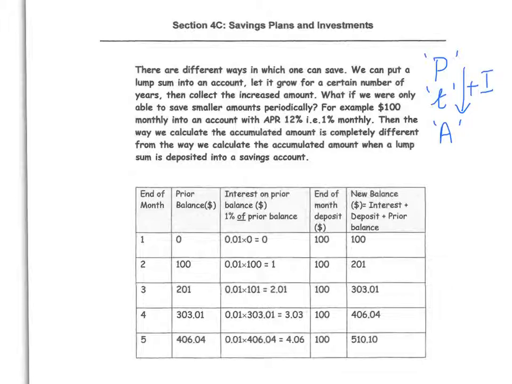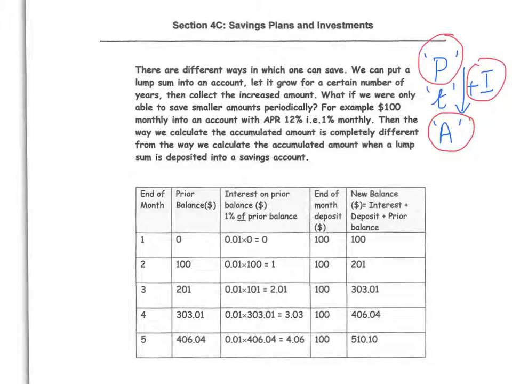So it was a lump sum invested into an account, and after T years, after interest got added on to it, it became a larger amount, which was called the accumulated amount at the end of T years. But in this section, what we're going to see is a different sort of investment.